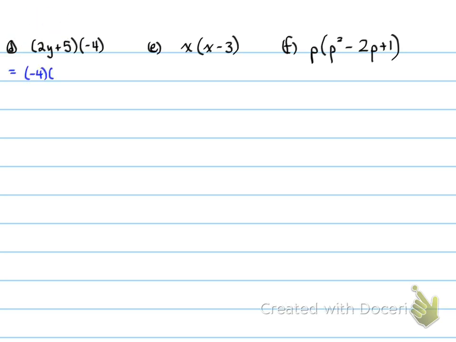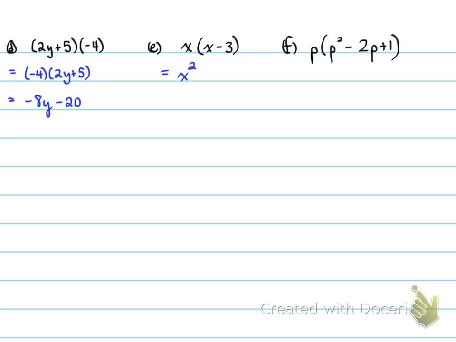That is negative 8y minus 20. Now, don't forget that this negative also gets the sign, so don't forget it's negative 4 times all of those values.